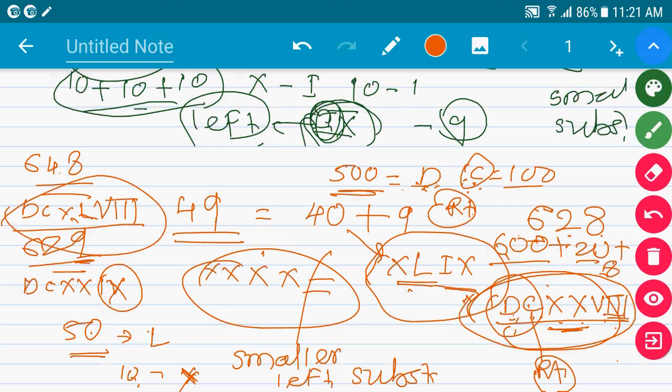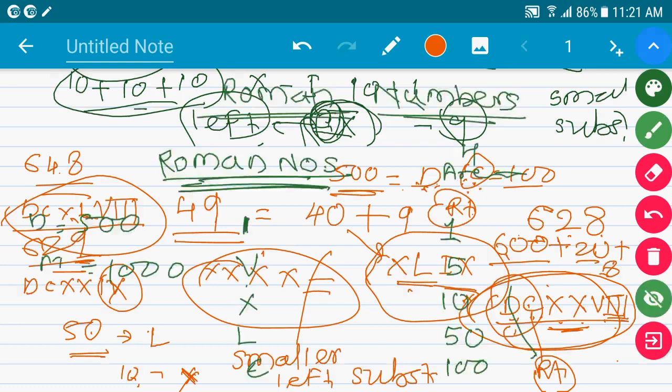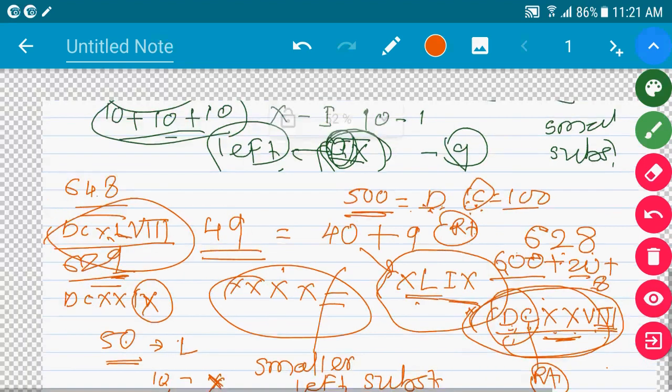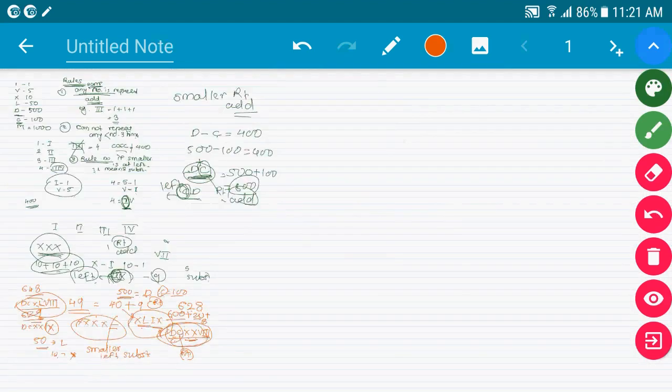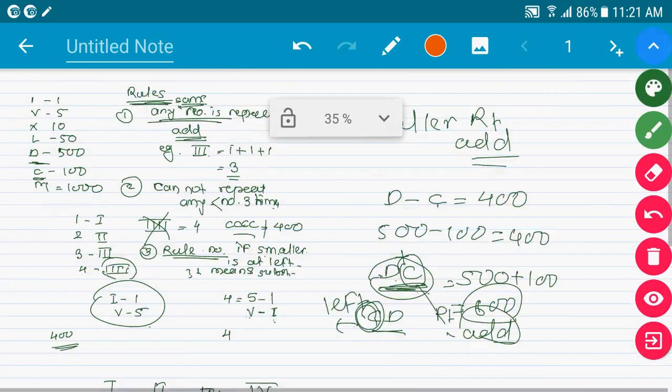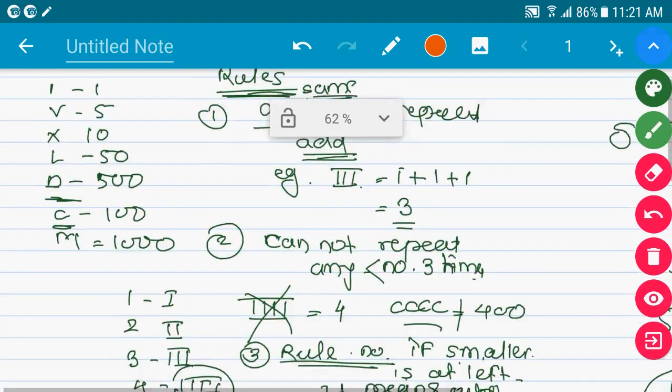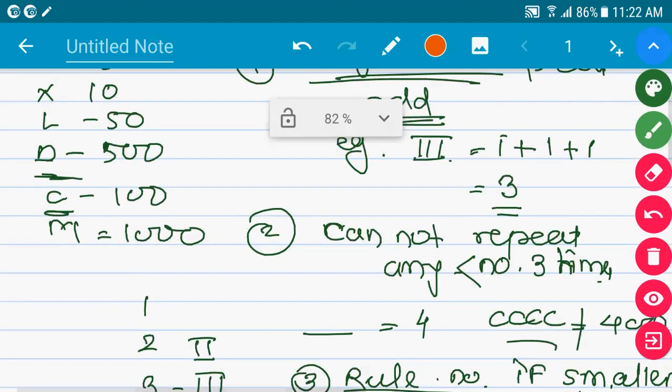Understood? So this is the thing which I want to explain to you. Roman numbers are nothing but based on these 7 symbols only. You just keep in mind what means 1, what means 5, what means 10, what is meant by L, what is meant by D, what is meant by C, and what is meant by M. And keep in mind, we cannot repeat any number more than 3 times.